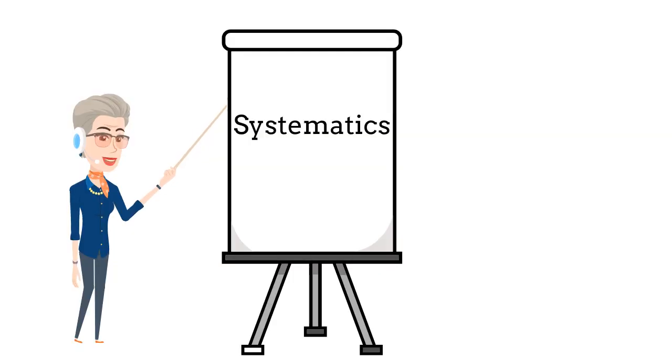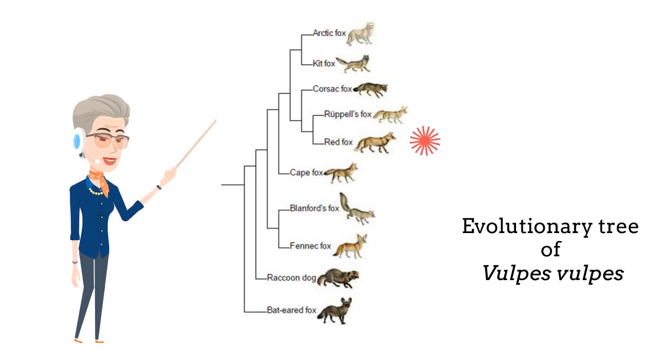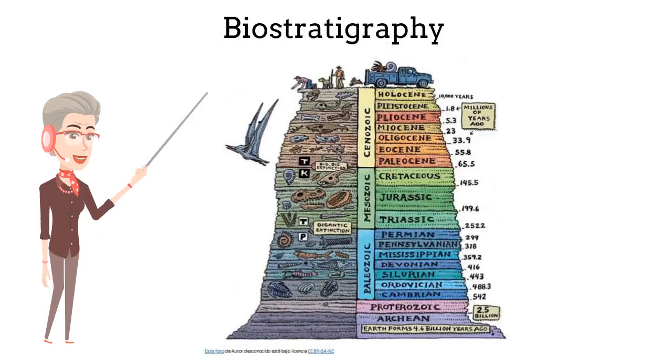Systematics. Systematics is the scientific discipline focused on understanding the evolutionary relationships between organisms. Systematists can create evolutionary trees or cladograms by analyzing the similarities and differences between fossils, showing the relationships and patterns of divergence among species. One important application is biostratigraphy.